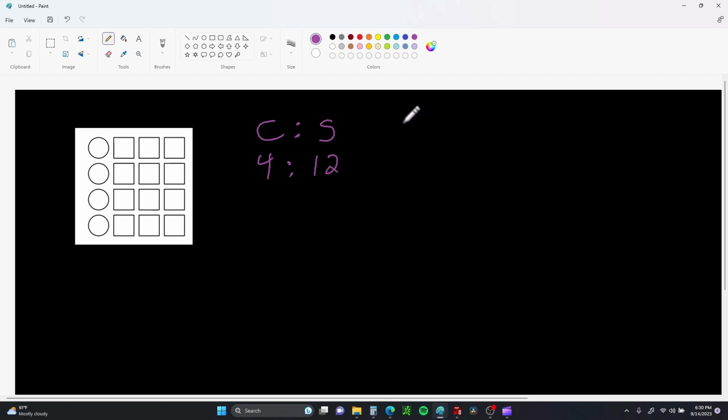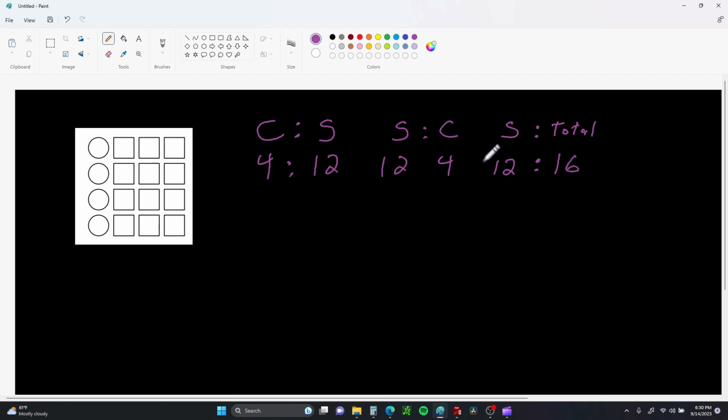If I was to say squares to circles, this would be 12, 4. If I said squares to total shapes, I'll just put the word total here. Squares, there's 12, and total there are 16.